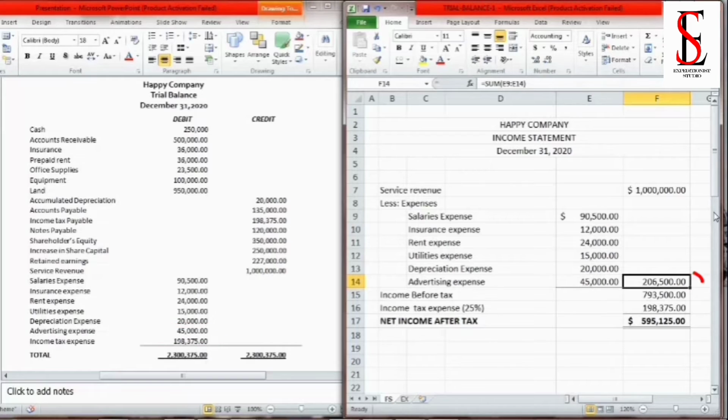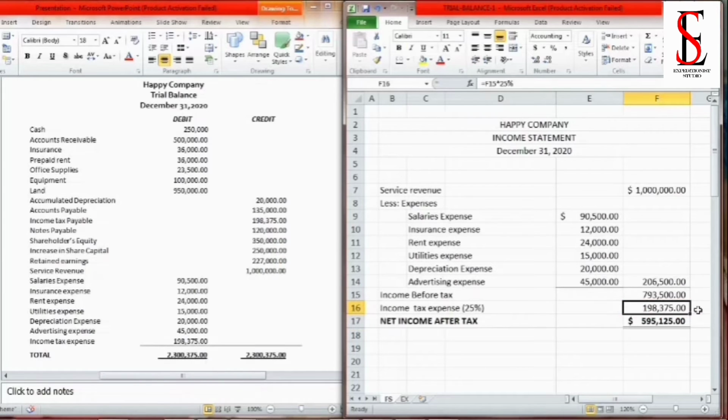To be totaled with $206,500. Then we will deduct it from service revenue to get the income before tax. And then after that, we will list the income tax expense, which is 25% of income before tax, to get $198,375.